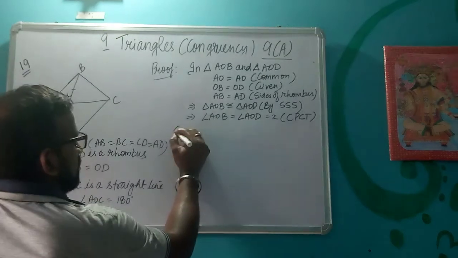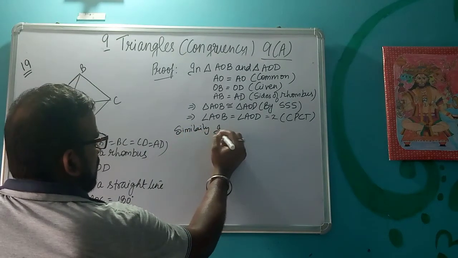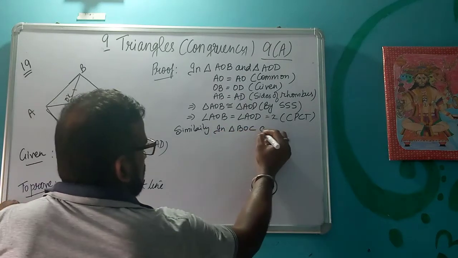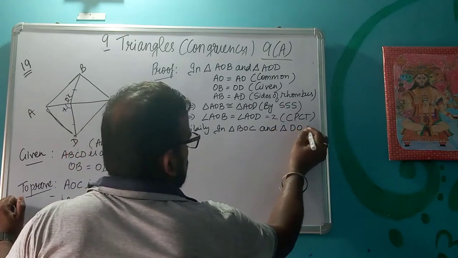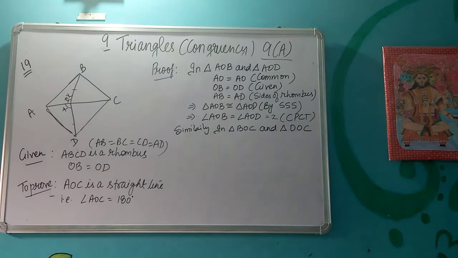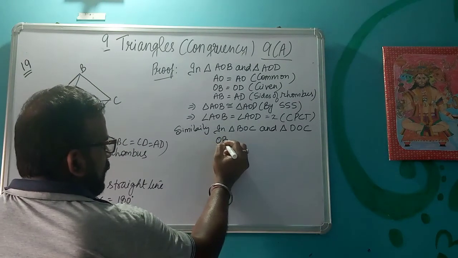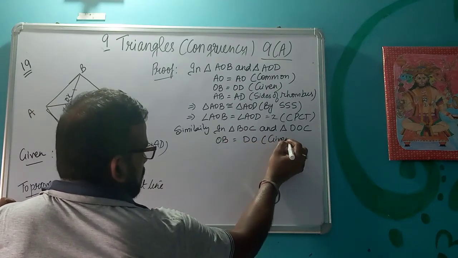Similarly, we will take triangle BOC and triangle DOC. Similarly we will take two more triangles. So OB is equal to DO, it is given.